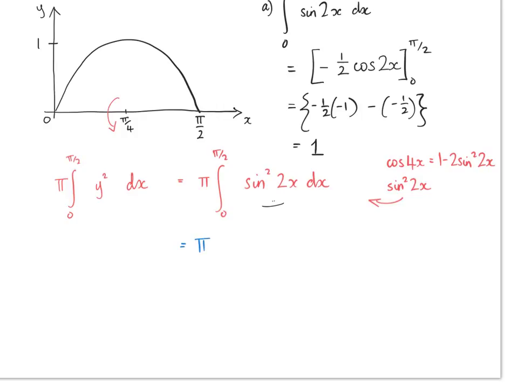So that's going to give me pi, 0 to pi by 2, and that's going to change into a half of 1 minus cos 4x dx. Right, I'm going to tidy this up a little bit. So I've got pi outside.